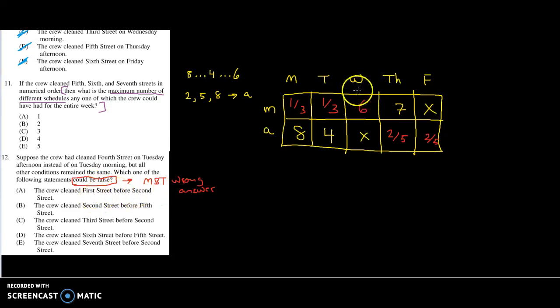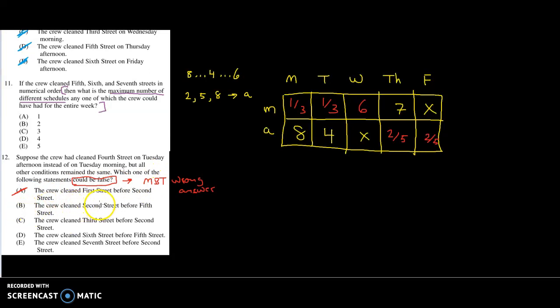Well, we know 1st Street over here has to be either Monday morning or Tuesday morning, and 2 has to be here or here. That means it absolutely has to be true. There's no way that we could clean 1st Street after 2nd Street. So this is out, right? Remember, wrong answers are things that must be true.